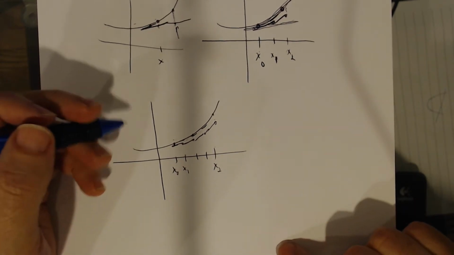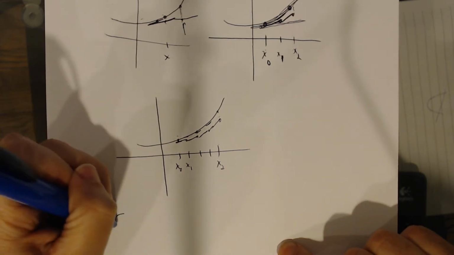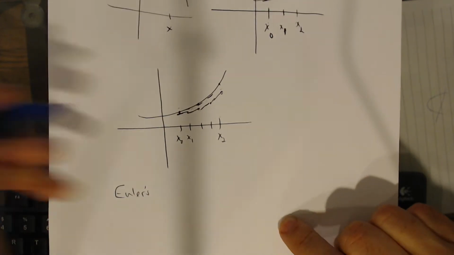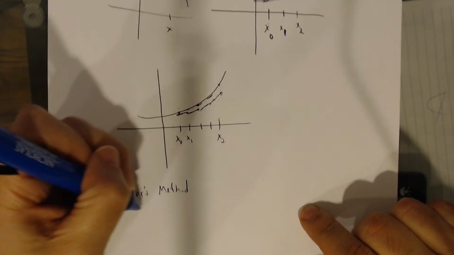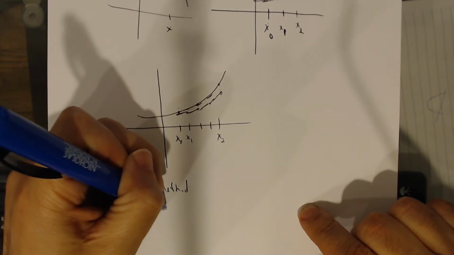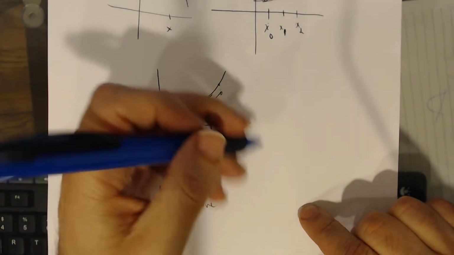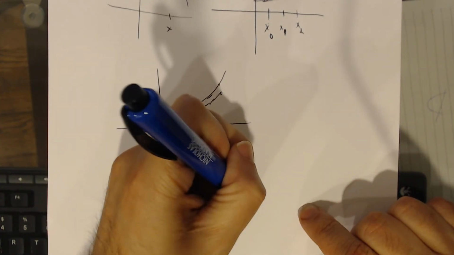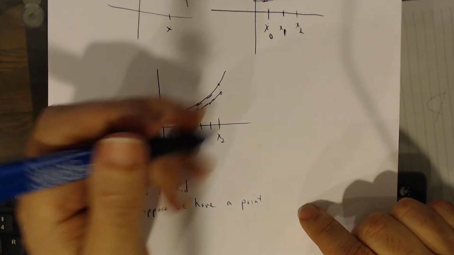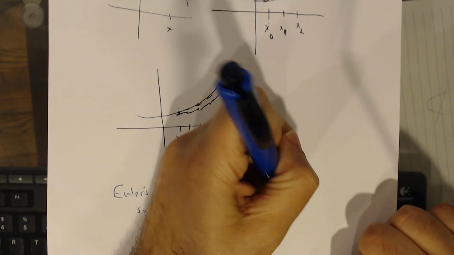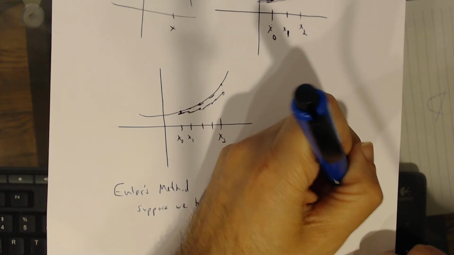So, for example, what we could say is the following. So here's how Euler's method works. Let's summarize it this way. We could say, suppose we have a point on the curve, which is x sub 0, y sub 0.